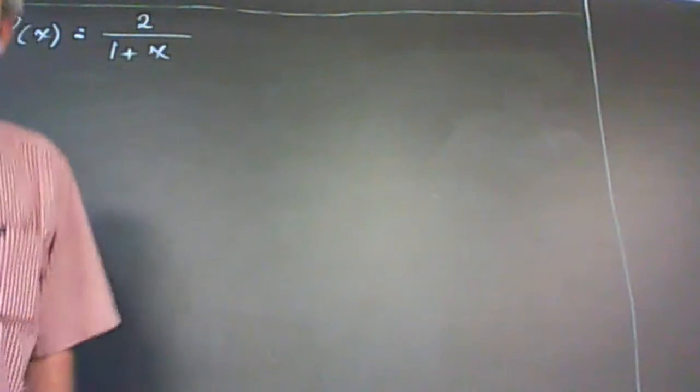So the first step in graphing the function is determining what the asymptotes are. Do I have any asymptotes? Yes? Okay, let's determine the vertical asymptote.